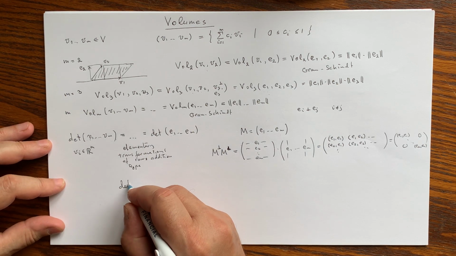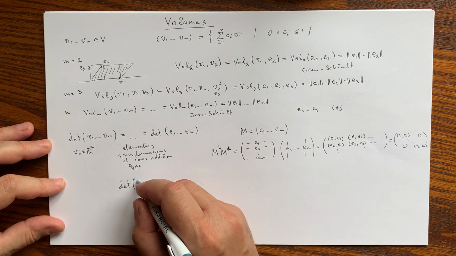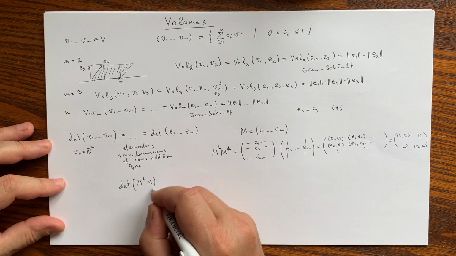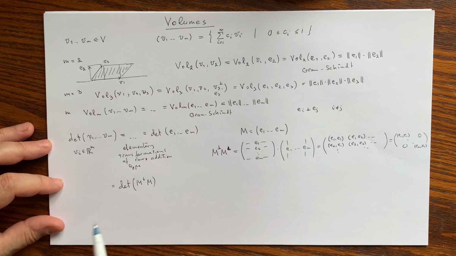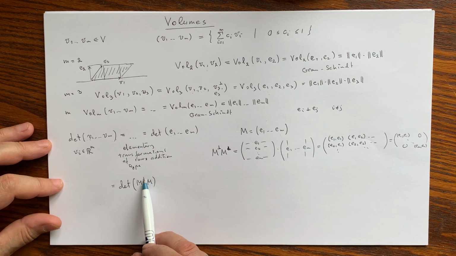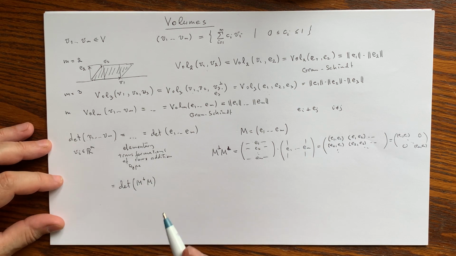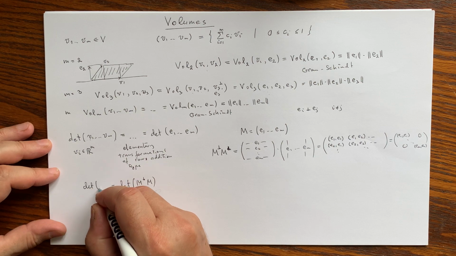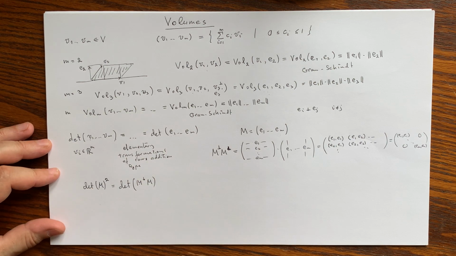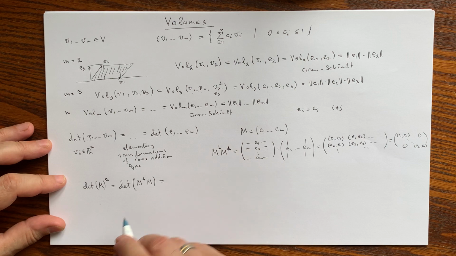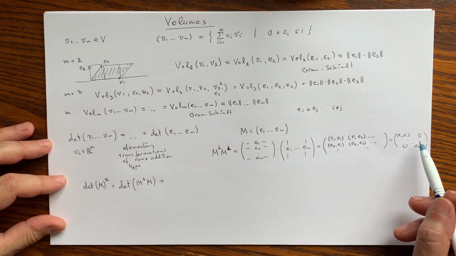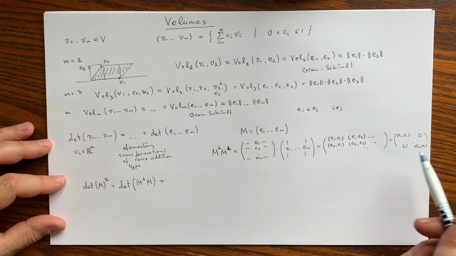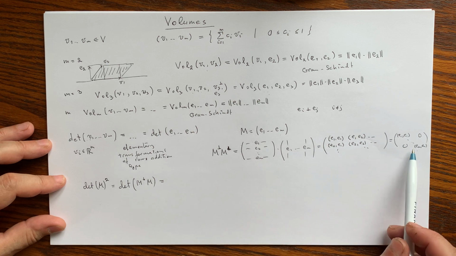So let's just put it all together. If we look now at the determinant of this matrix, by multiplicativity and by the fact that the determinant of the orthogonal version is the same as the determinant of M, it will be the determinant of M squared. And that is the same as the determinant of this matrix, because that's what M orthogonal transpose times M orthogonal is.